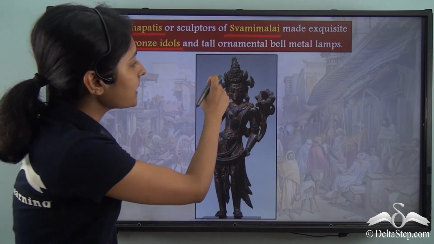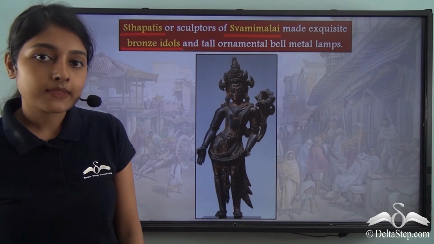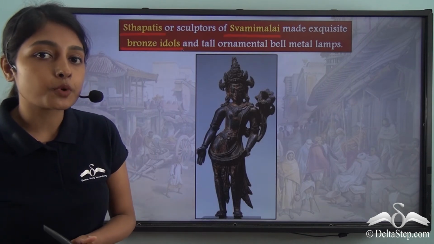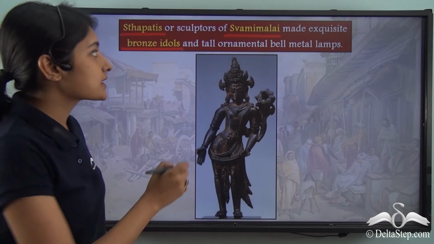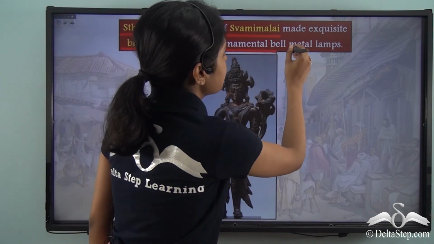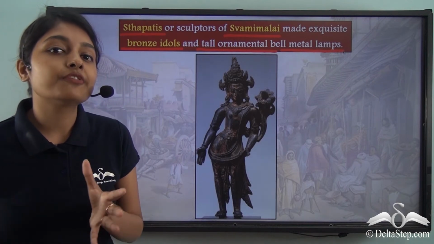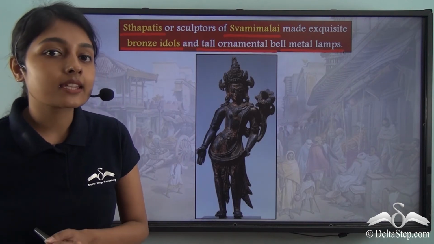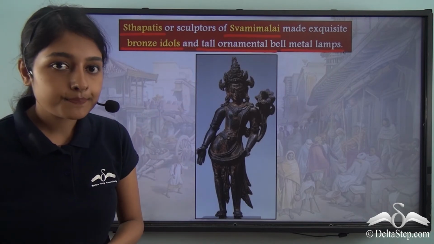Can you see how intricately works are done on this bronze idol? And along with making exquisite and very beautiful bronze idols, the sculptors of Swamimalai also made tall ornamental bell metal lamps. Now these are things that you find in museums today. But in medieval India, these things were built by the sculptors of Swamimalai.